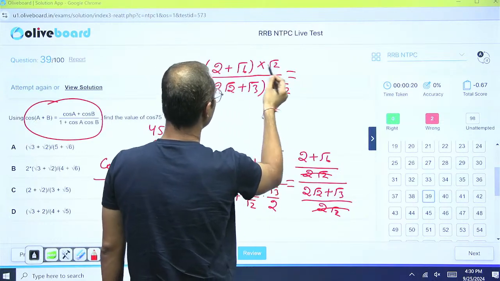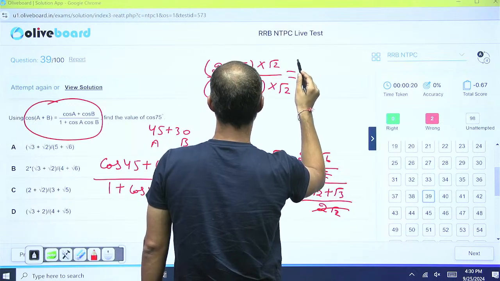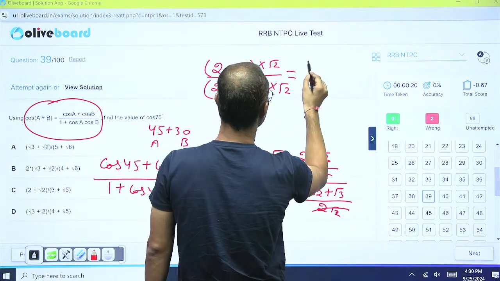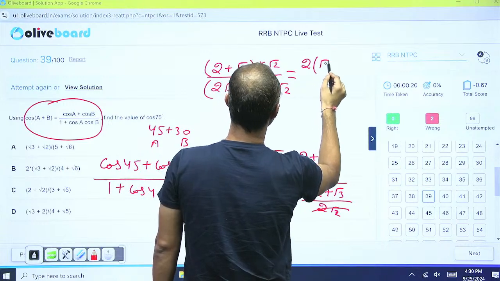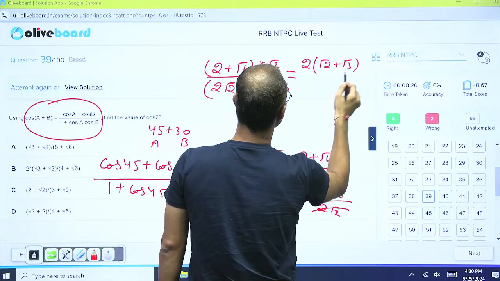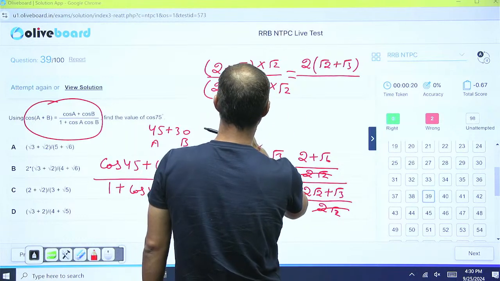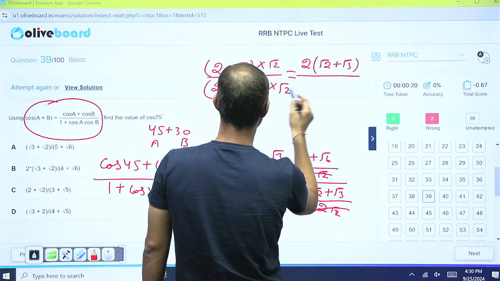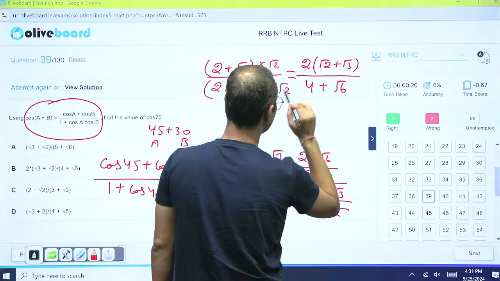After multiplying root 2, we will get 2 root 2, and root 2 will be common, so we will get 2 bracket root 2 plus root 3. 2 will be the common. After multiplying root 2 we will get 4 plus root 6, right?